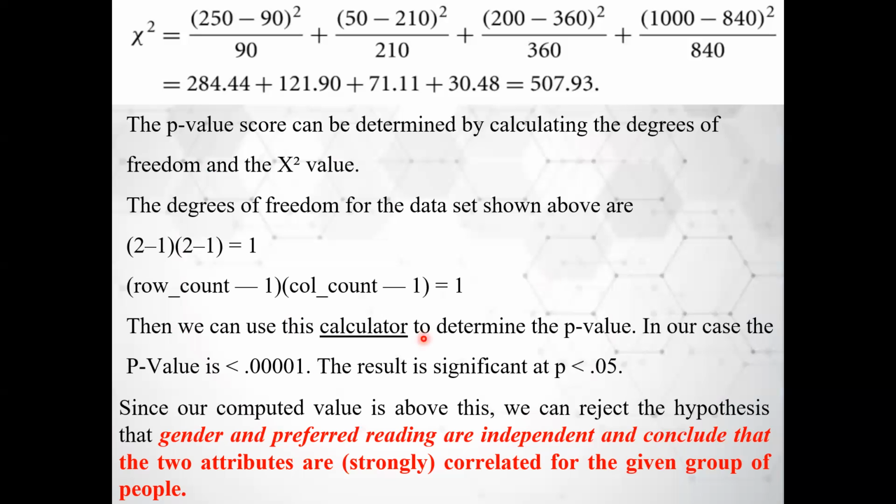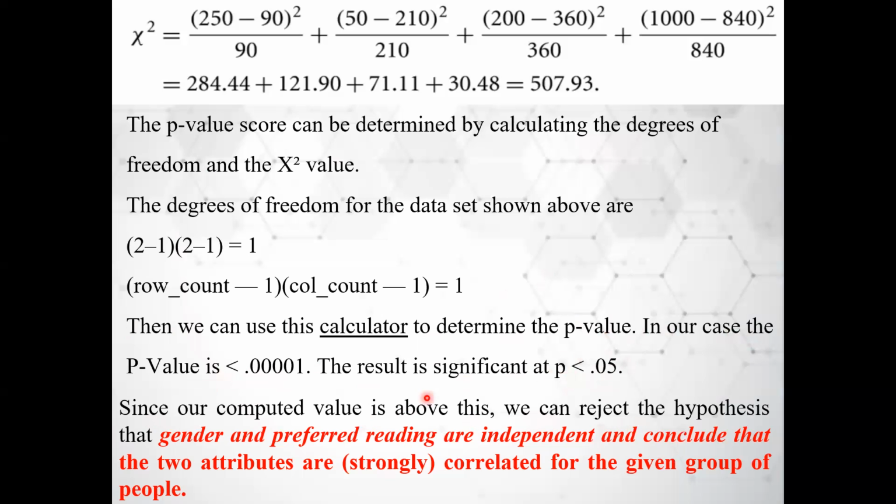So we can use this calculator in order to determine the p-value. Here in our case, the p-value will be less than 0.001, and the result will be significant if the p-value is less than 0.05.